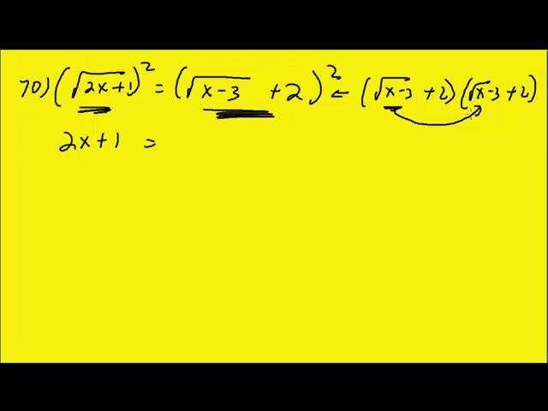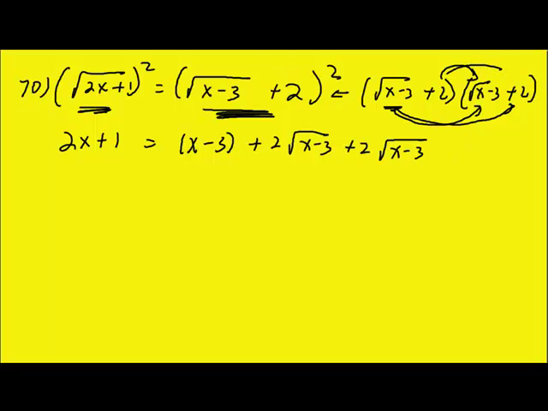Multiplying the square root of x minus 3 times the square root of x minus 3, I'm just going to get x minus 3. The radicals will cancel. And the square root of x minus 3 times 2 is going to give me plus 2 square root of x minus 3. And then I have a 2 times the square root of x minus 3, it's going to give me plus 2 square root of x minus 3. And then 2 times 2, which is going to give me 4.